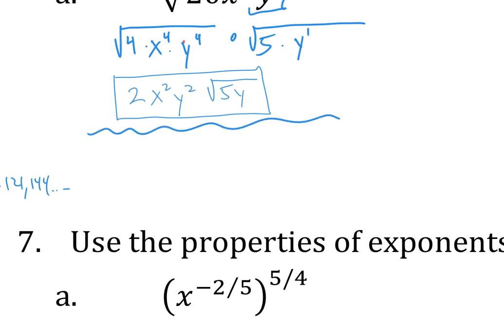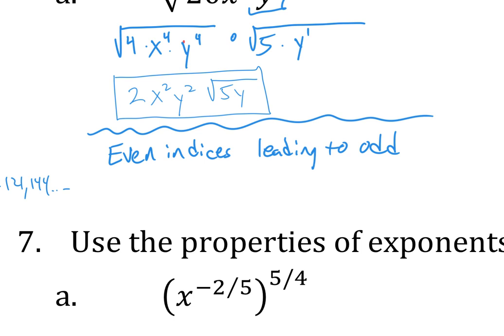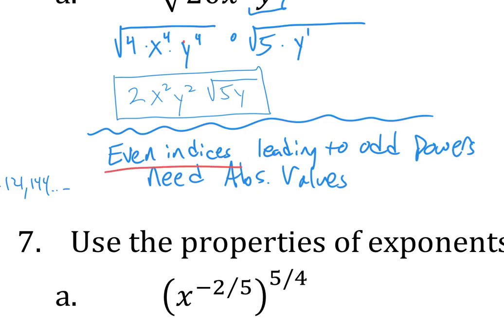Even indices leading to odd powers need absolute values. Okay, so the moral of the story, if we start with an even index and we end up with an odd power, we need absolute values.